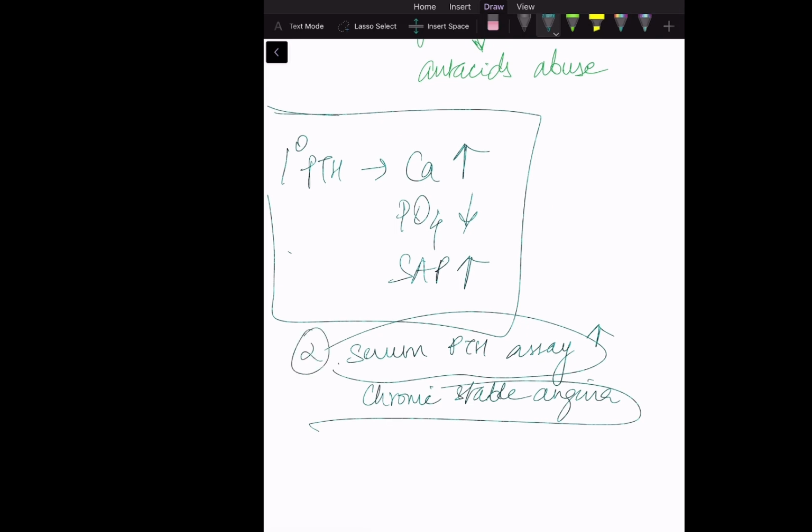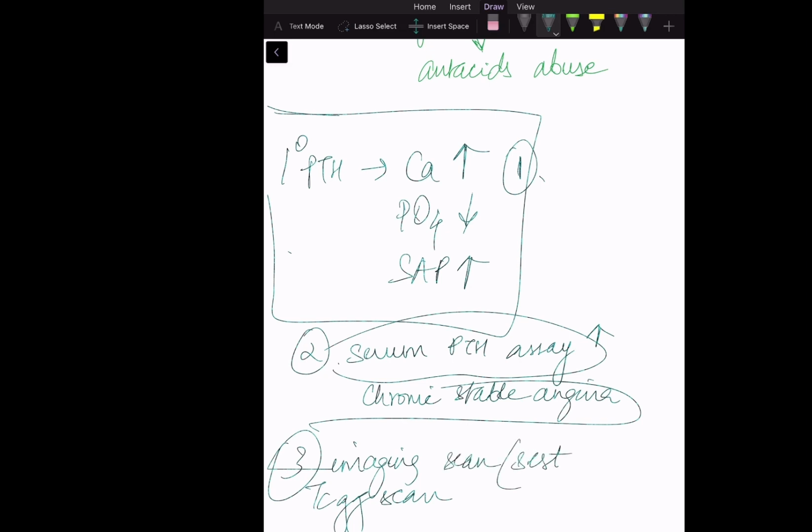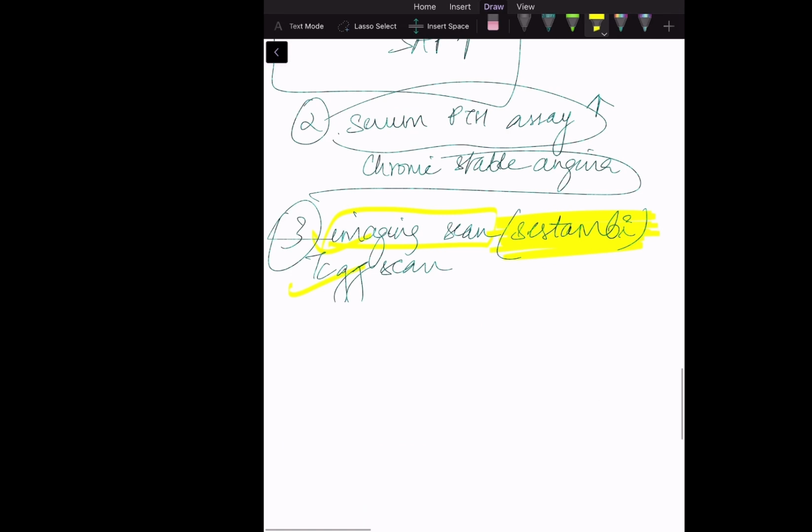The third is imaging, like a scan, where there will be uptake. There is also a technetium scan, and another imaging scan. We can use that to confirm it.